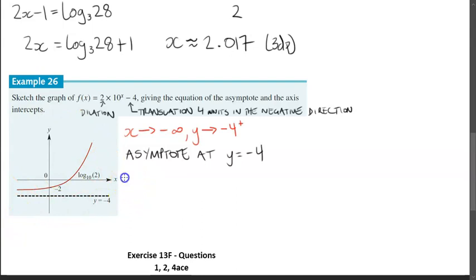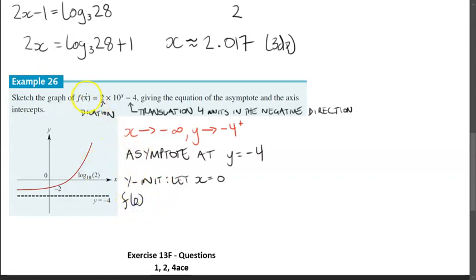For our y-intercept, remember it happens when we let x equal 0. All we're doing is a straightforward substitution into our function.